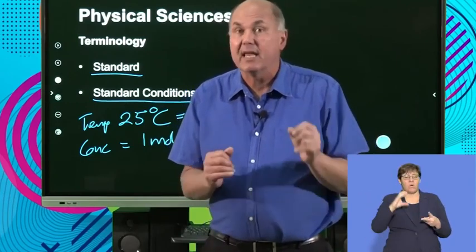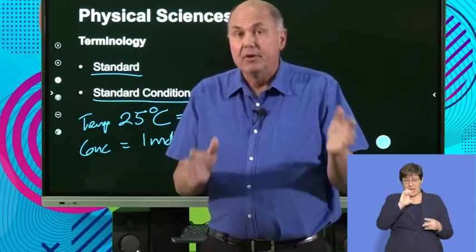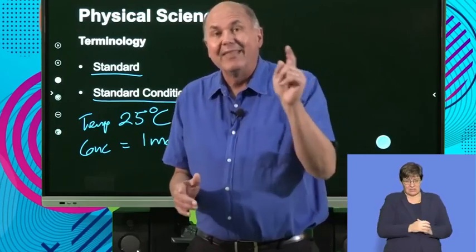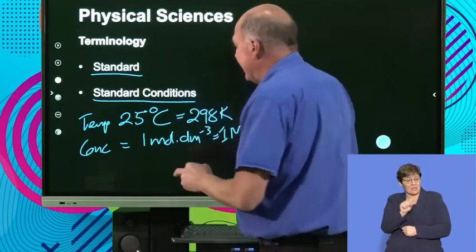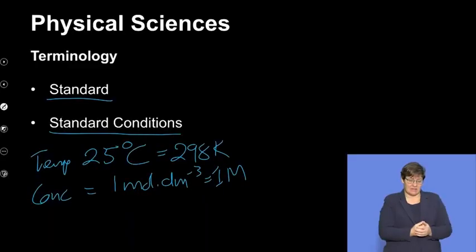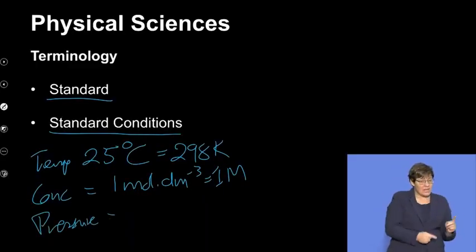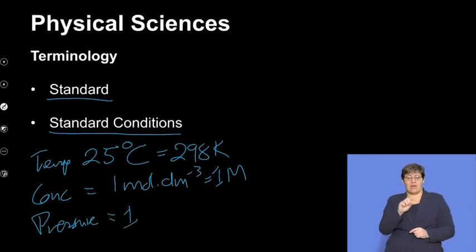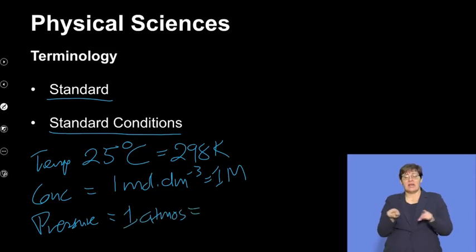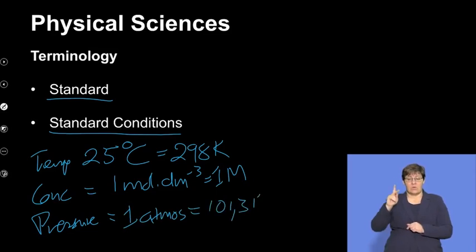In some cases, it can be a carbon electrode, but usually a platinum electrode. The pressure for that gas has to be standardized. So only for gas electrodes, the pressure is going to be 1 atmosphere, which is equivalent to 101,3 kilopascals.